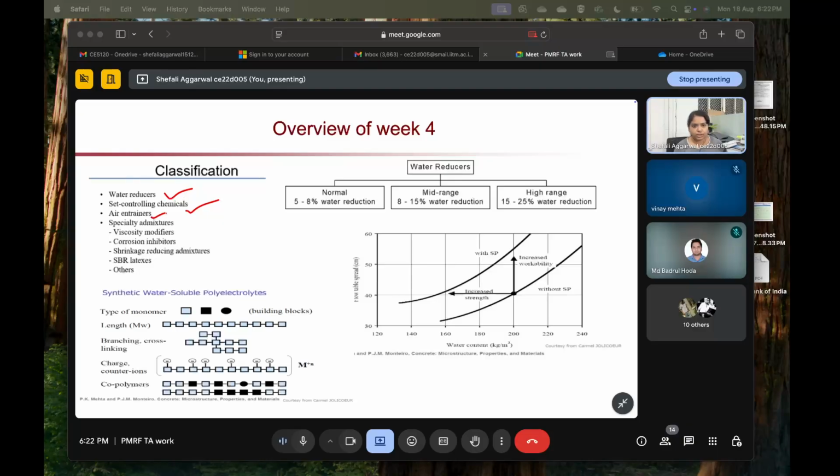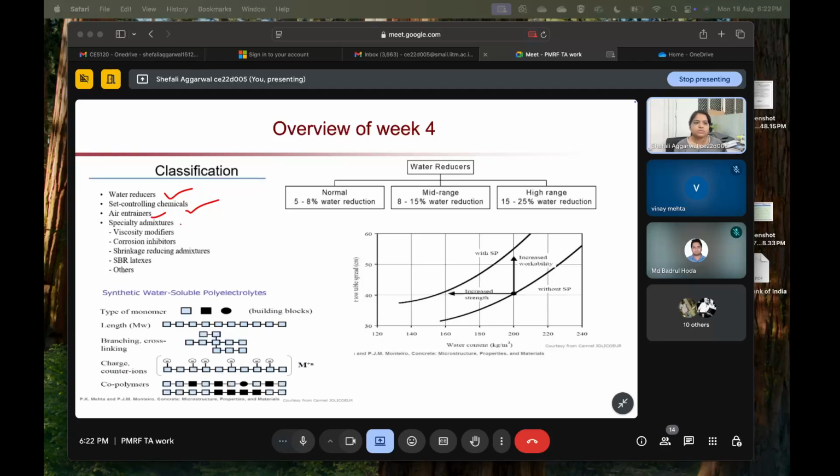Then air entrainers. Mostly in colder regions where we have the problem of freeze and thaw, we need chemicals which can provide some bubbles in the concrete, which help prevent cracks due to freeze and thaw. That is called an air entrainer.